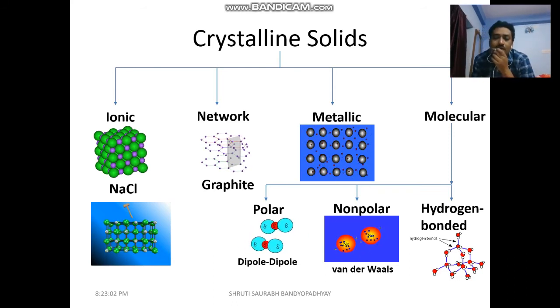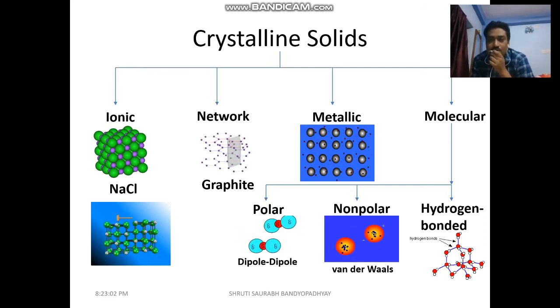By this way, no two cations come in close contact with each other, or no two anions come in close contact with each other. Electrostatic attractive force operates between positive and negative charge that holds the ionic solid together.